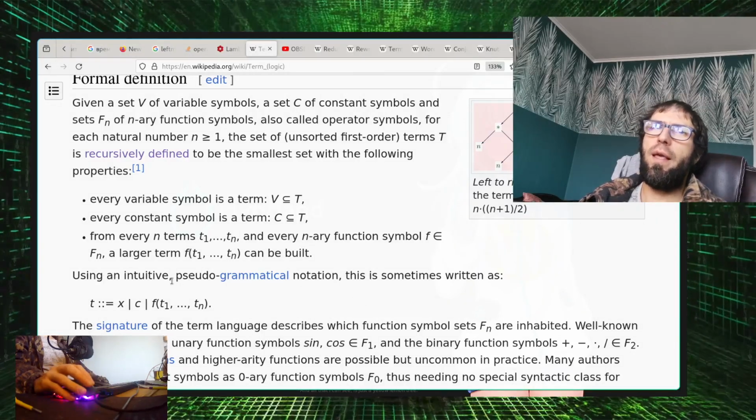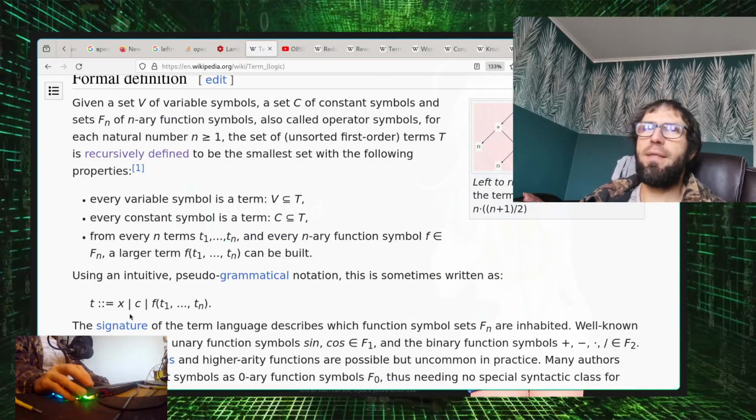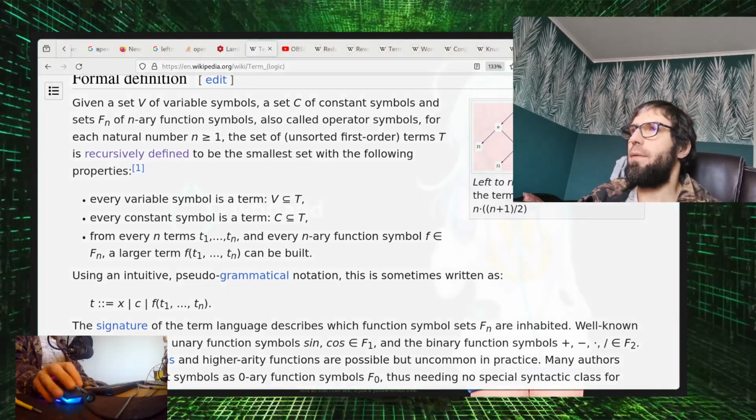Using intuitive pseudo-grammatic notation, this is written as: term T is x or C or this function f with application of T1 to Tn.